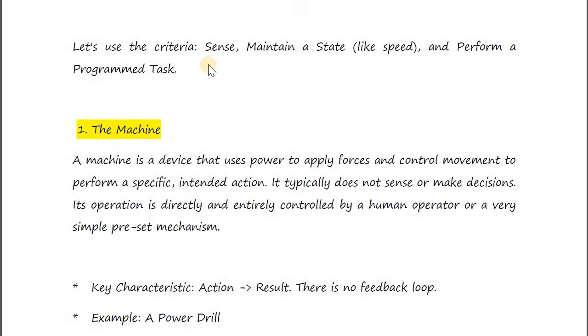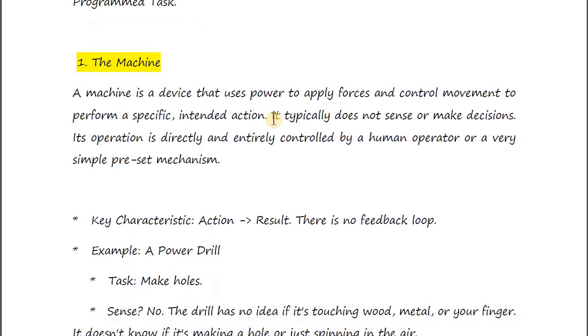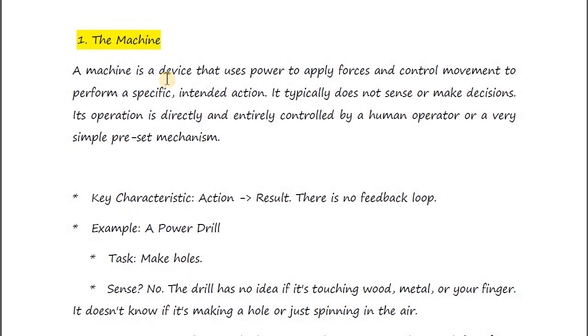So let us use the criteria sense, that is, maintain a state like speed and then perform a programmed task. Now what about machine? Let's see. You see, a machine, as I have told you, is a device that uses power to apply forces and control movement to perform a specific intended action.